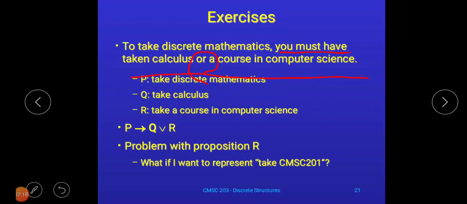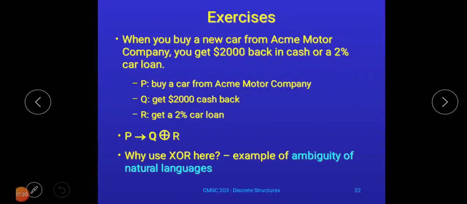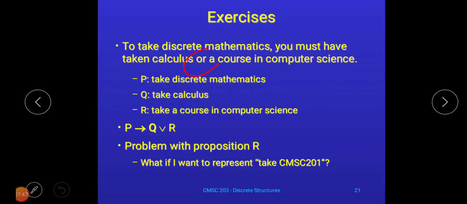See, when we read this complete statement, to take a discrete mathematics, you must have taken calculus or a course in computer science. Okay. But if we read this statement, when you buy a new car from Acme Motor Company, you get $2,000 back in cash or 2% car loan. Now, here the intensity of this OR is high as compared to the intensity of this OR.